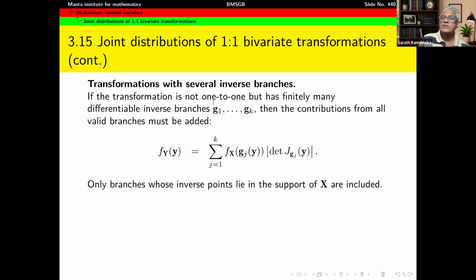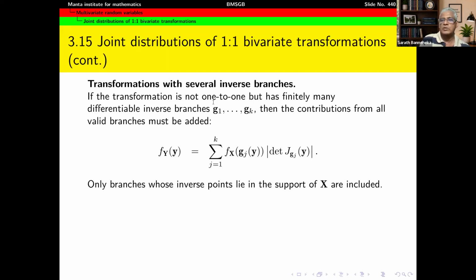So that means when you consider a point in y, that is a point in B, and if you consider the inverse transformation, it will go to several possible points in A. So from those, each point in different subsets of A to point y in B can be considered as a one-to-one transformation.